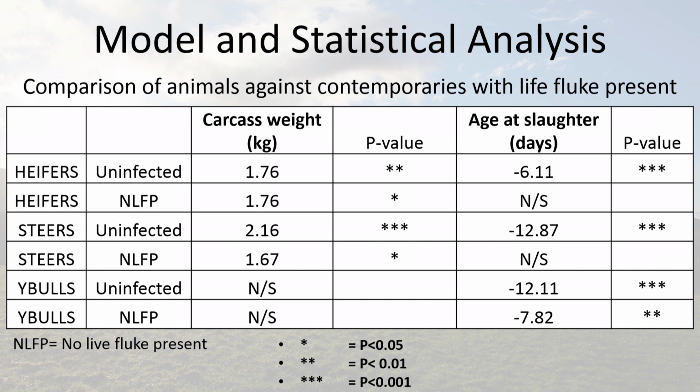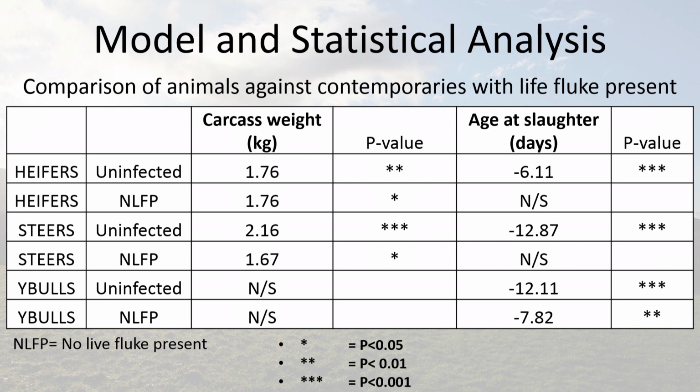The NLFP group means no liver fluke present, so these are the animals that either were treated or spontaneously cured, if we believe that happens. And what you can see is while the carcass weight difference is not as big as we saw in the average daily gains, they still lose weight.